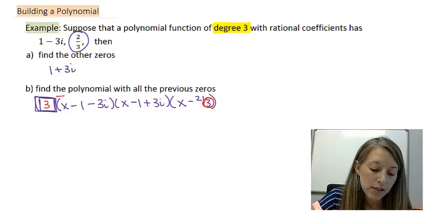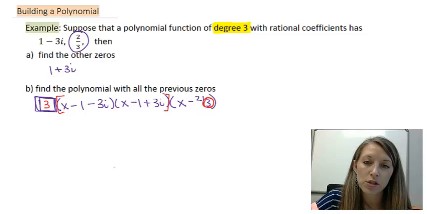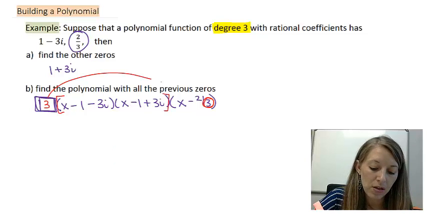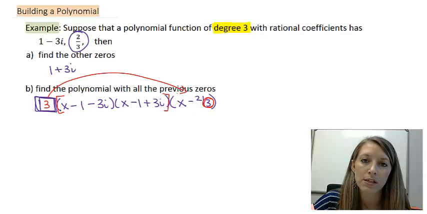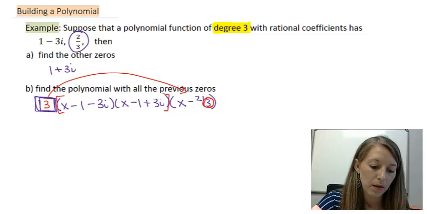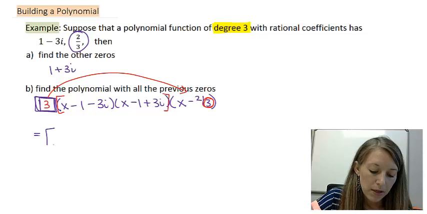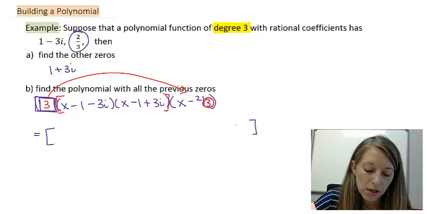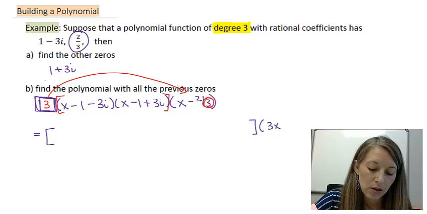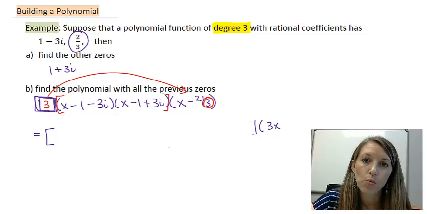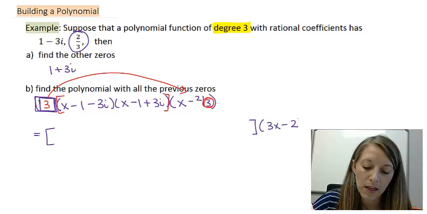So I'm going to multiply out my 2 conjugate pairs, and I'm going to take my 3 and distribute it through this last parenthesis. Let me do that distributing first. That gives me 3 times x, or 3x, and then 3 times negative 2/3, where my 3's cancel out, leaving me with negative 2.